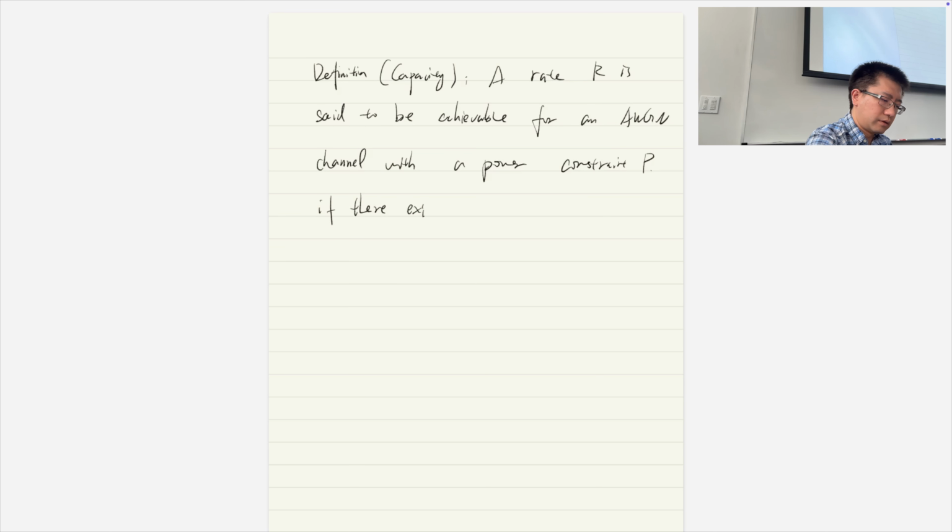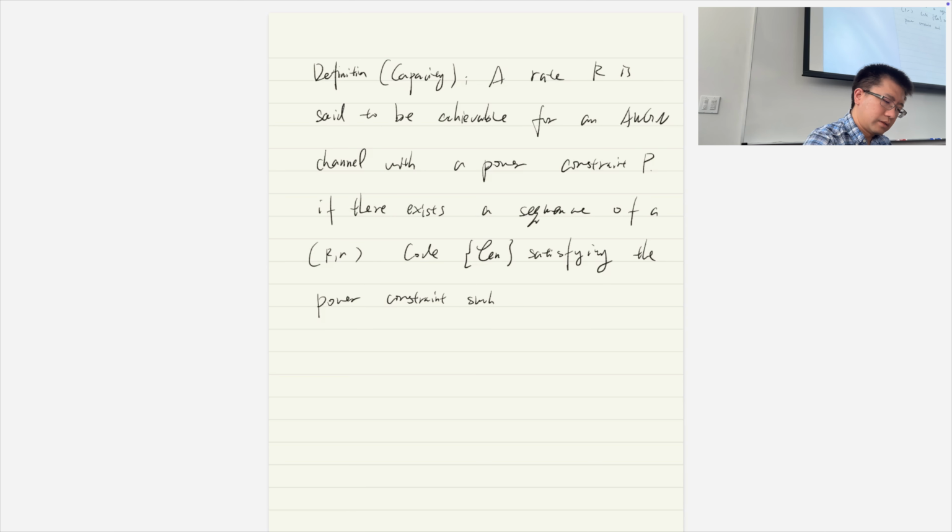there exists a sequence of (2^{nR}, n) codes C_n satisfying the power constraint such that the maximum error probability goes to 0 as n goes to infinity.